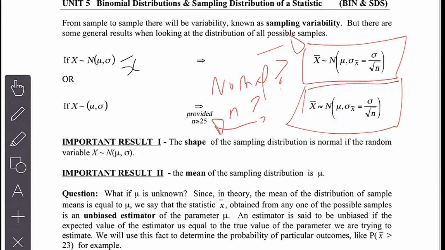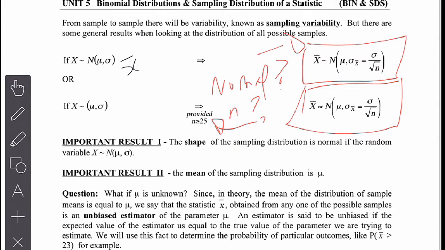Well, in fact, theory will show that in approximation, yes, the sample mean is approximately normal, with the same mean, and again, a standard deviation smaller by a factor of square root of n, 1 over square root of n.